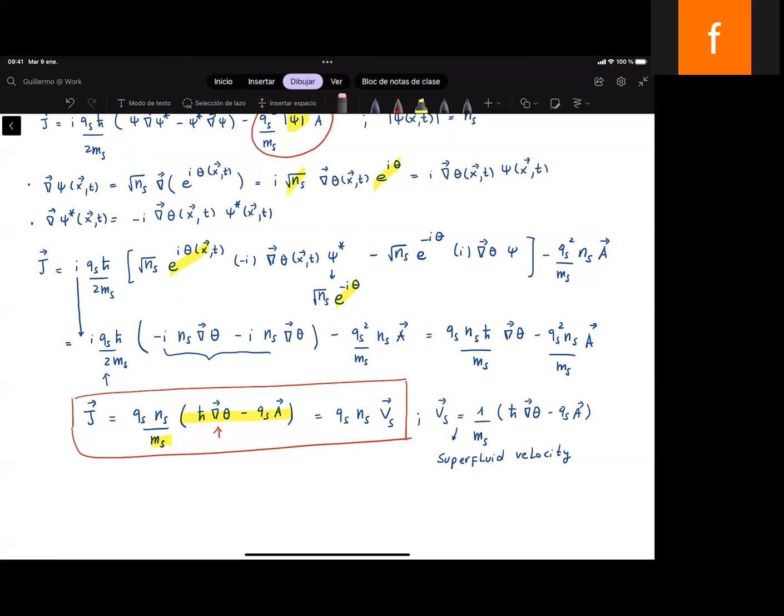So they penetrate, and if you have a very wide superconductor, then in the bulk you will not see any current. But if you have a very narrow superconductor, maybe you will still have some current inside. So it depends.